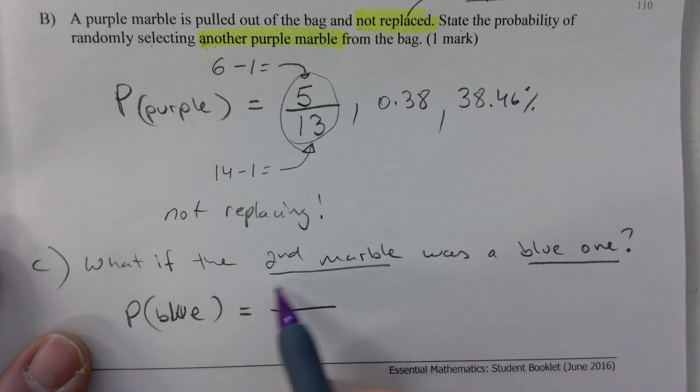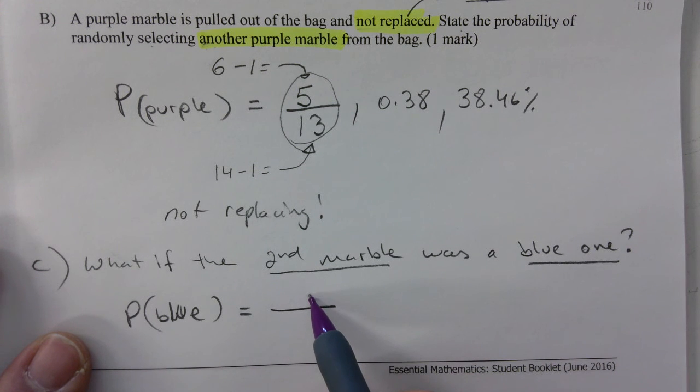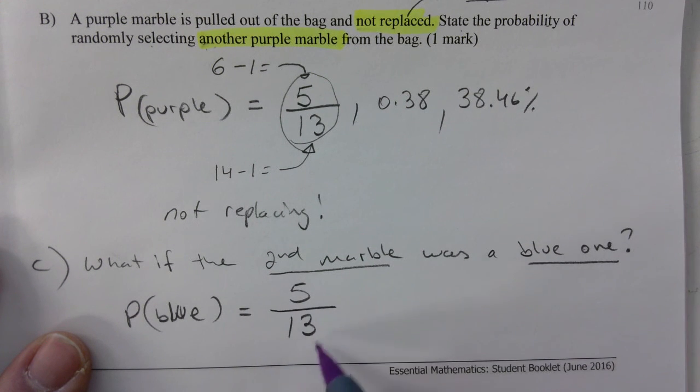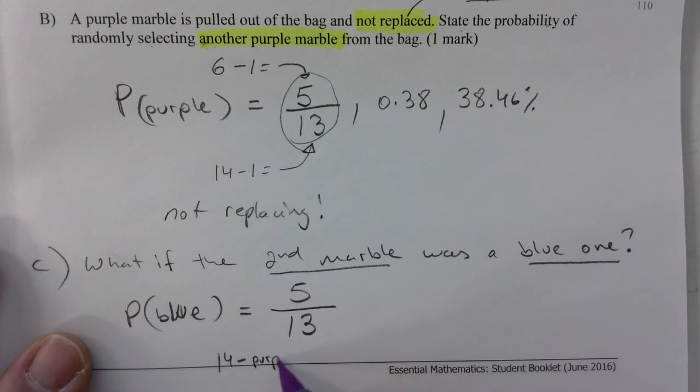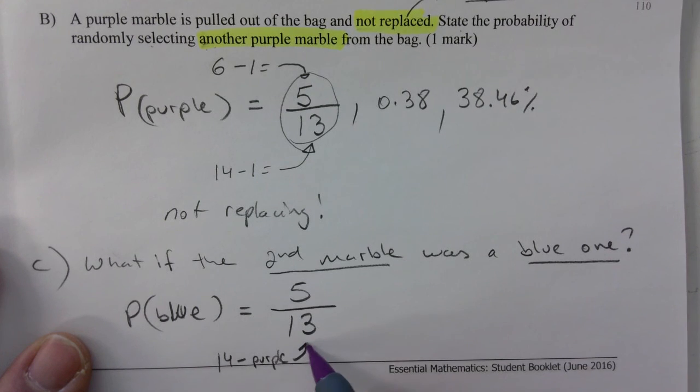In this case, the top number is not affected from what you had originally. If you go all the way to the top, you have 5 blue ones, and you only have 13 left because you removed the purple from the 14.